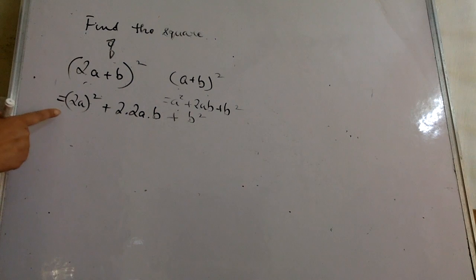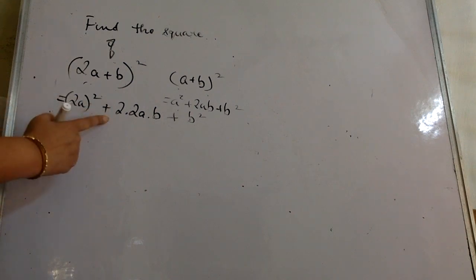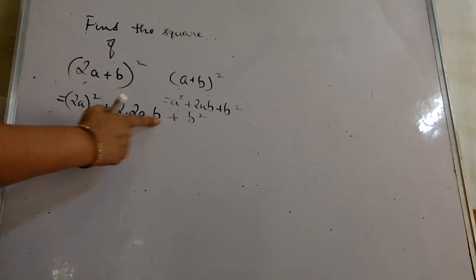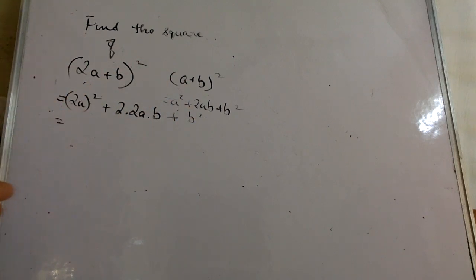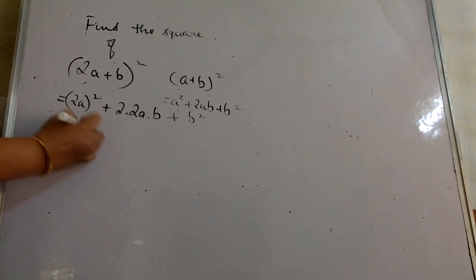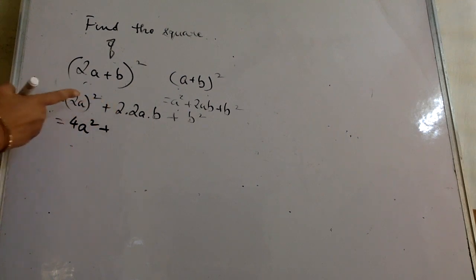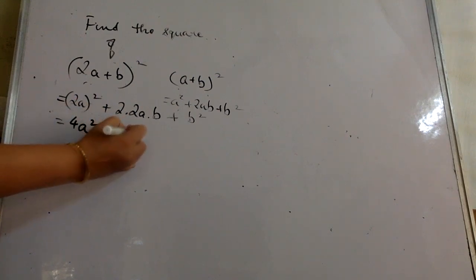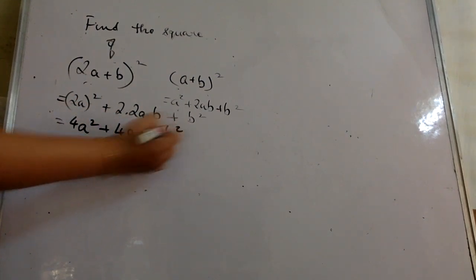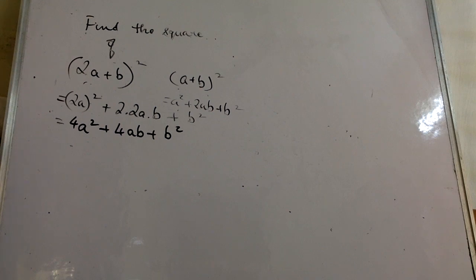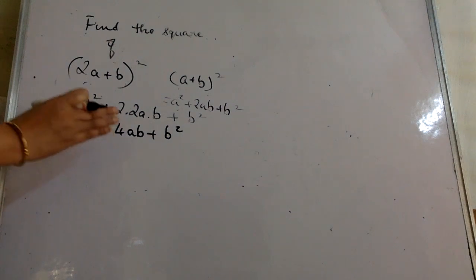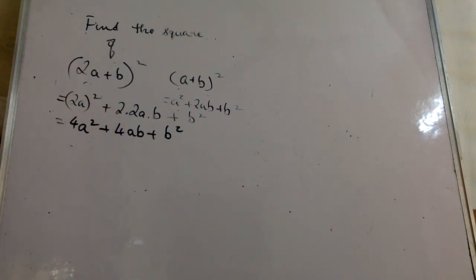So, 2a plus b whole square is 2a square plus 2 into 2a into b plus b square. Now, let me simplify it further. We get 4a square plus 4ab plus b square. Remember we have to square the 2 as well as the a, don't leave out the 2. Beyond this we cannot proceed, because everything is an unlike term, so we can't simplify beyond this.